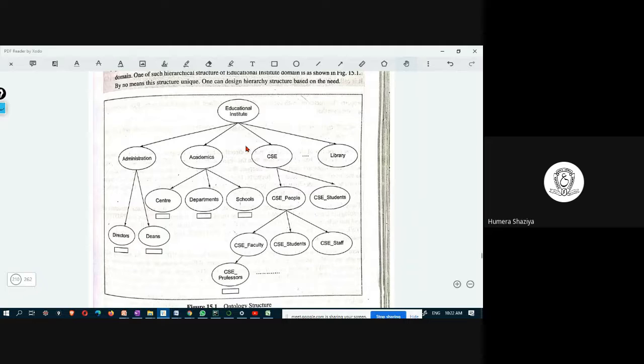There are some departments like the CSE department. There is a library. Further, under administration, there would be directors, deans, chairpersons of the various bodies. These components, which have been put together in the form of a hierarchical relationship at different levels, are known as an ontology.